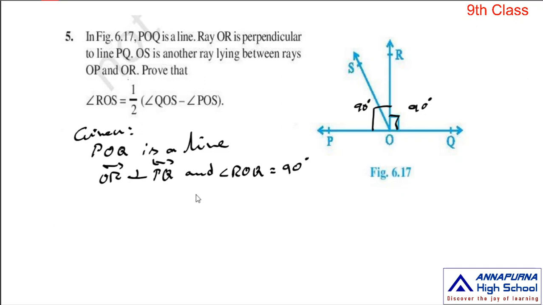See the figure, angle ROQ is equal to 90 degrees and also angle POR is equal to 90 degrees, since OR is perpendicular to line PQ.